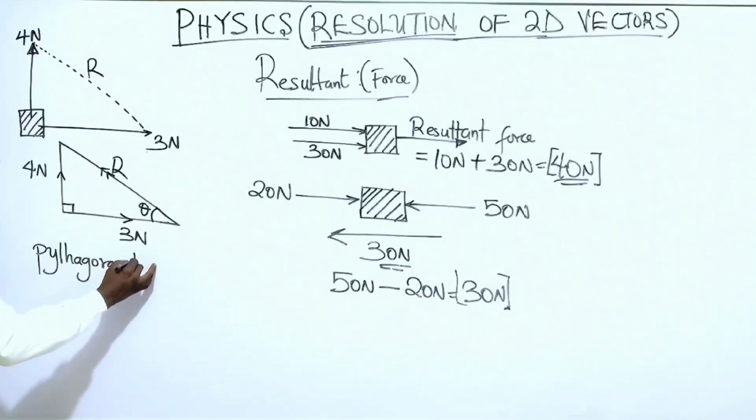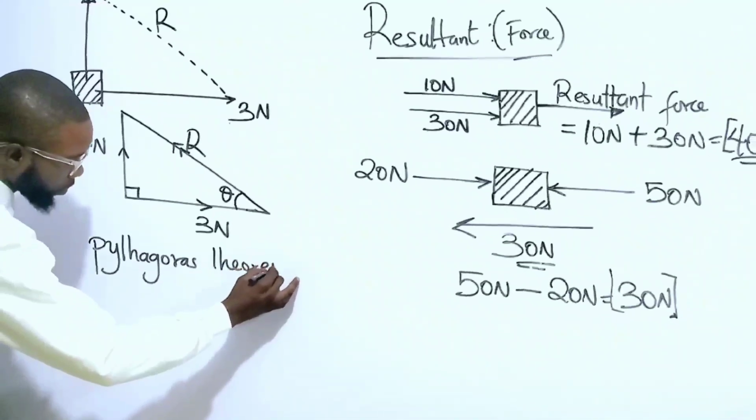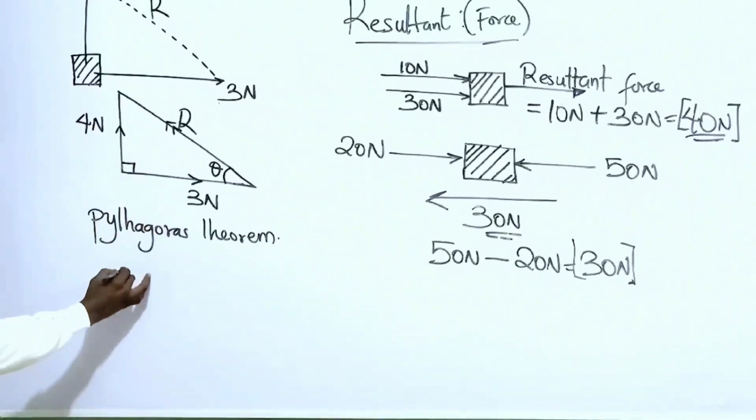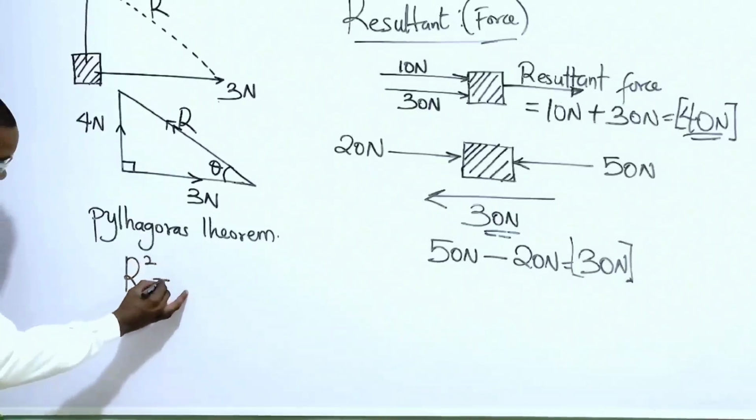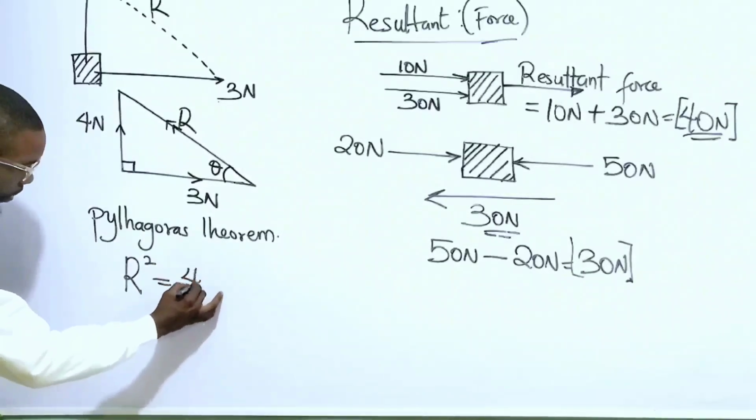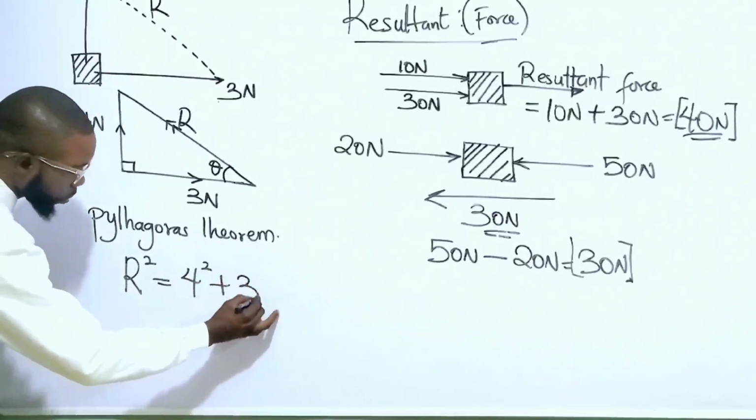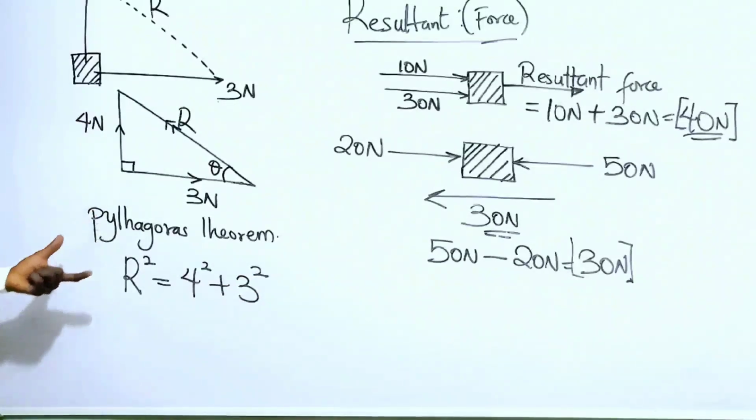Using Pythagoras theorem, our R square is equal to 4 square plus 3 square. That's how we get the resultant.